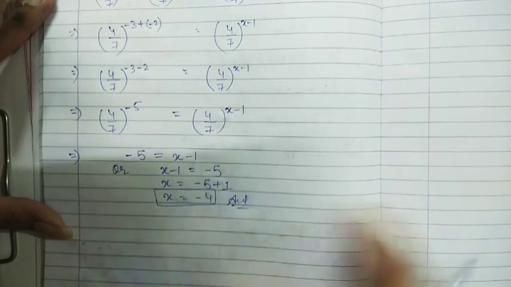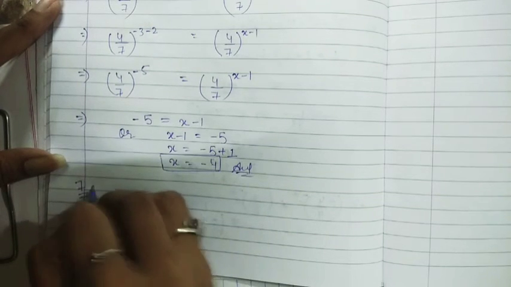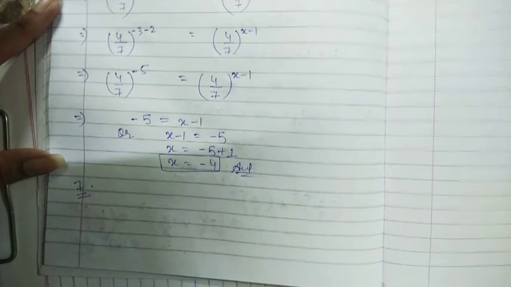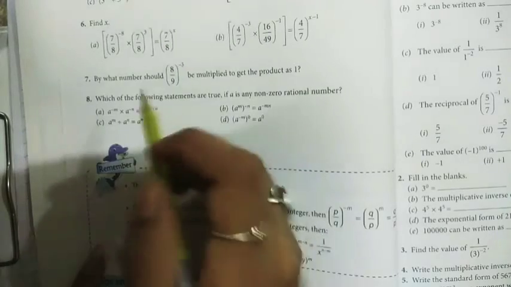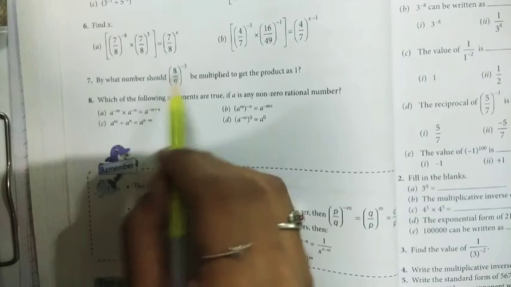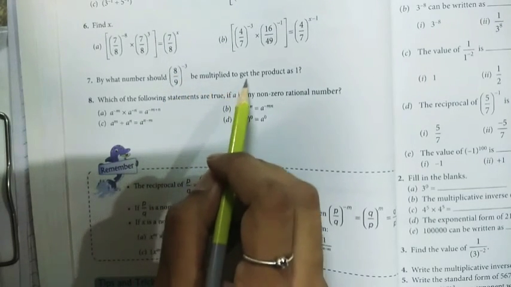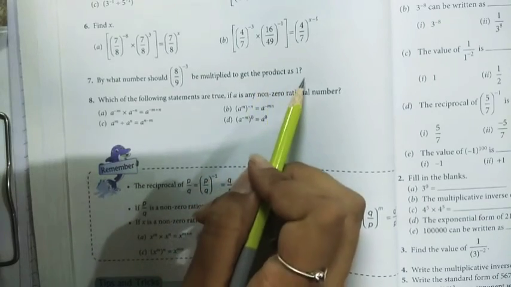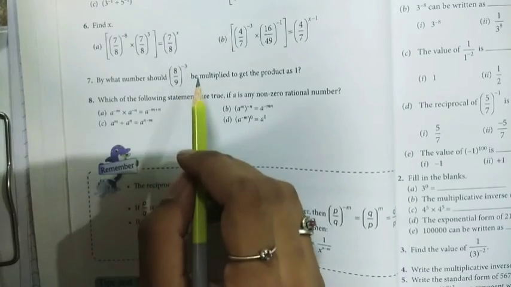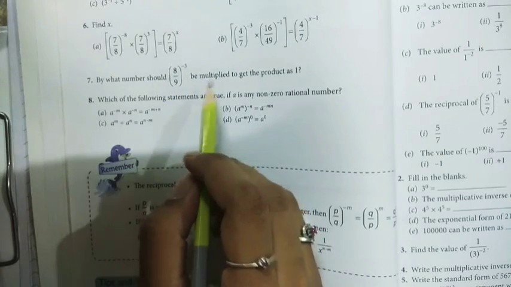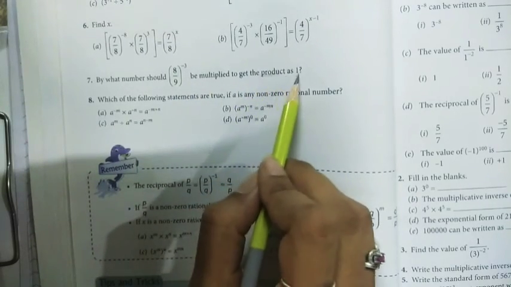Okay, now let us do its 7th question. In this we have, by what number should 8 upon 9 power minus 3 be multiplied to get the product as 1. इसमें ये दिया हुआ है कि हम इस नंबर को किसी और नंबर से क्या मल्टीप्लाई करें कि उन दोनों की प्रोडक्ट 1 बने.